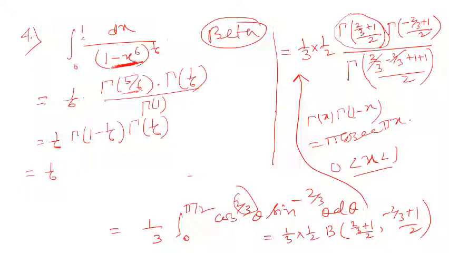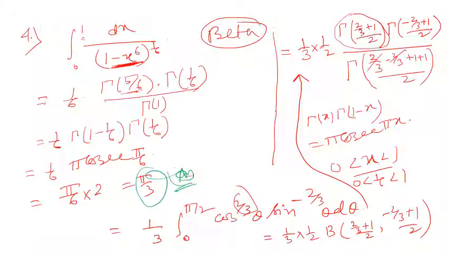So here x equals 1 by 6, and 1 by 6 lies within 0 to 1. So it will be pi cosec pi by 6. So it will be pi by 6 into cosec pi by 6. Cosec pi by 6 means 2, right? So it will be pi by 3. Therefore the value of this integral will be this. This is our answer, right?